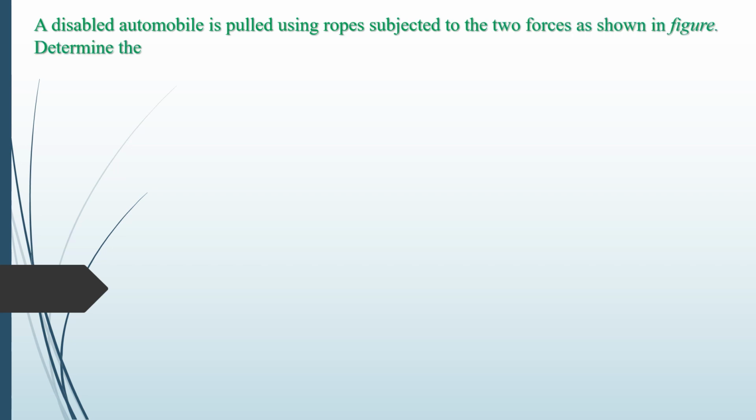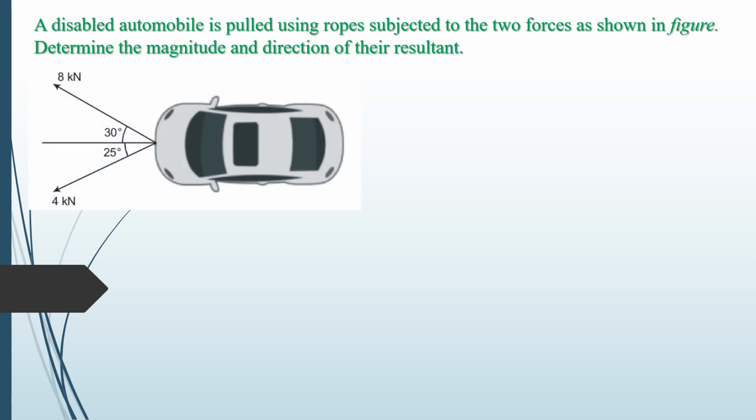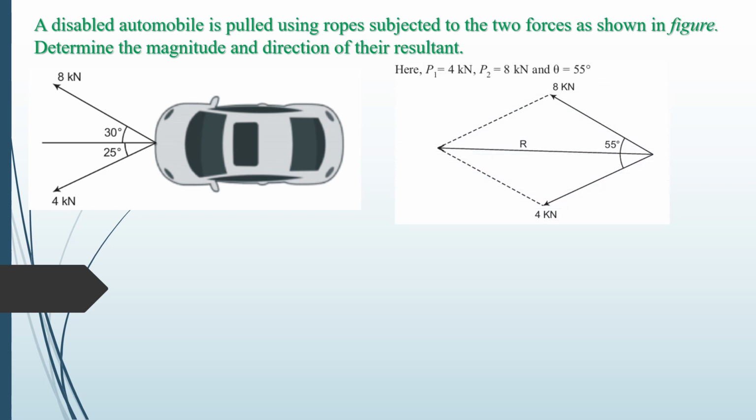Now, a disabled automobile is pulled using ropes subject to two forces as shown in the figure. Determine the magnitude and direction of the resultant. Here you can see a disabled automobile being pulled using ropes subjected to two forces. P1 is 4 kN, P2 is 8 kN, theta is 55 degrees.